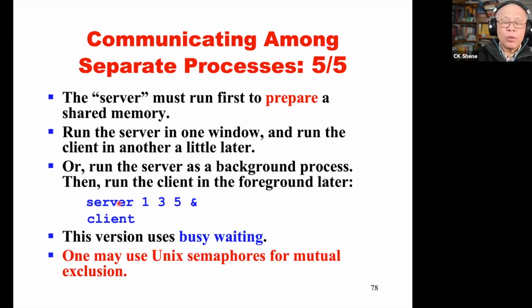So the server runs in the background, creates a shared memory, puts its PID into data 0, and 1, 3, 5 into data 1, data 2, and data 3. And then waits for the client to retrieve this information. When the client runs, the client simply gets the values out and puts its own PID in.